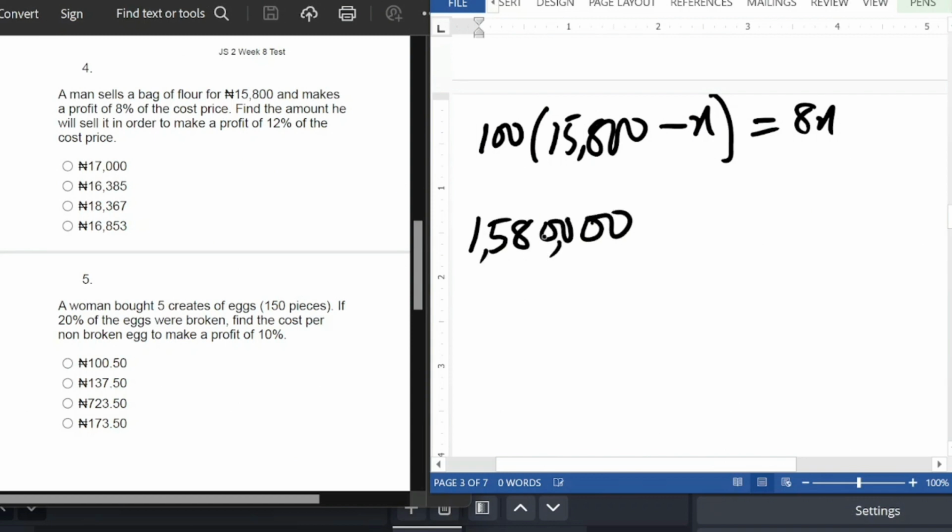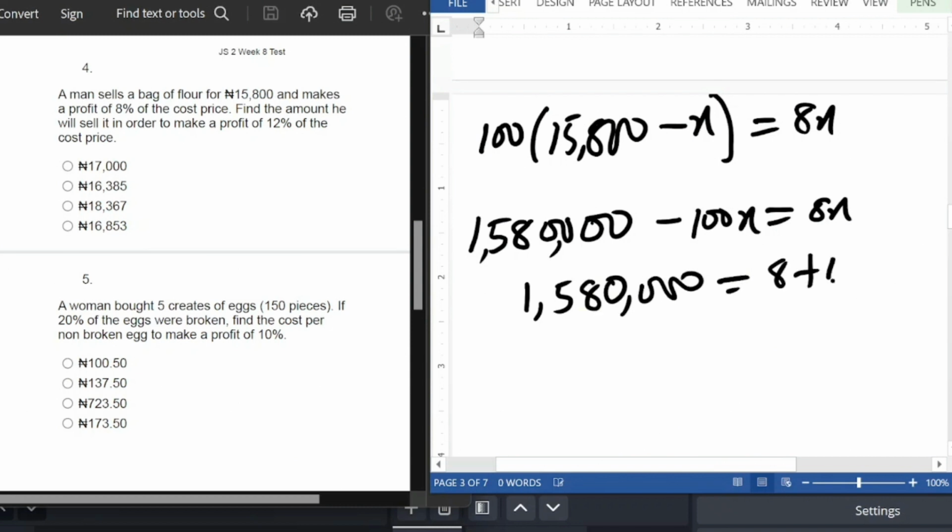That gives us 1,580,000, so 1,580,000 minus 100x equals 8x. This will give us 1,580,000 equals 8x plus 100x, so that is 108x.